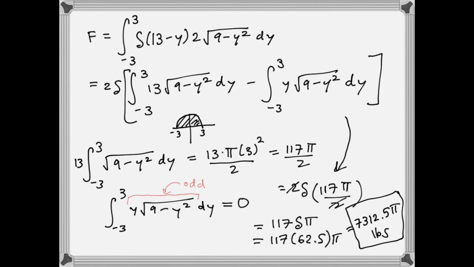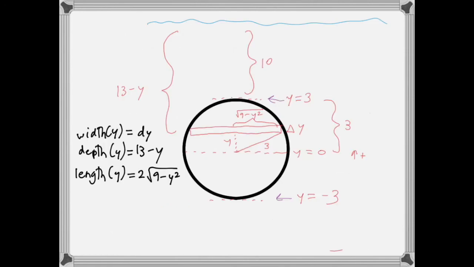Big change here, right? The change in this problem was that we called y equals 0 the center of the circle. Now, you could have done this problem by calling y equals 0 the top of the circle. Then your depth would have been y, except your length would have been a lot more complicated.